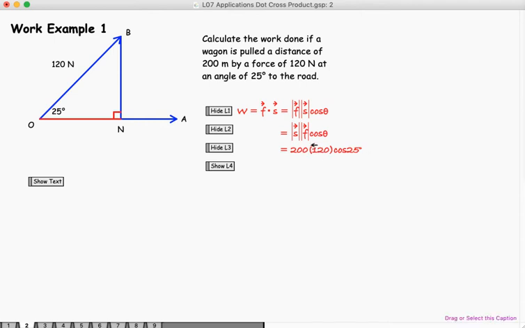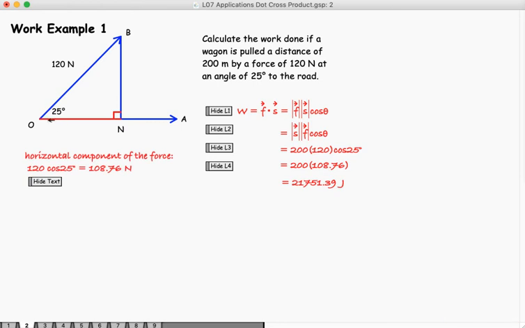Altogether, we're going to go 200 times 120 times cos of 25, and then that is giving us, well, I think I have missed something there. Let me just correct that. All right, so continuing, I unfortunately didn't make that last calculation. I have to do 200 times 108.76, and just to show you, the 108.76 would actually be the component of the force vector in the direction of the vector of displacement.